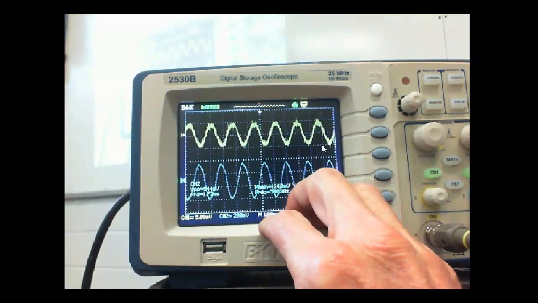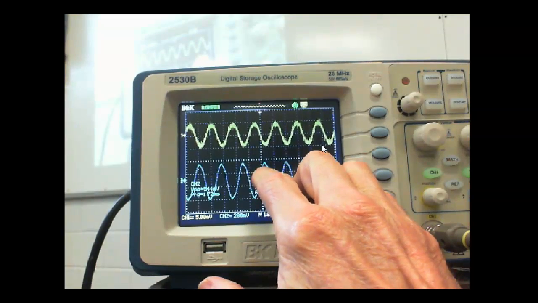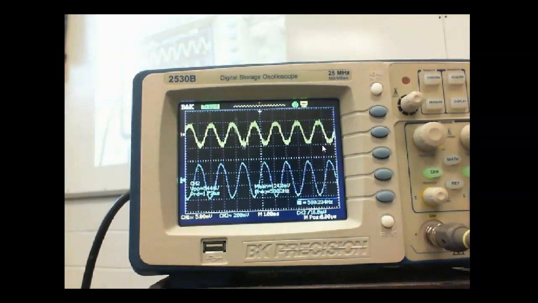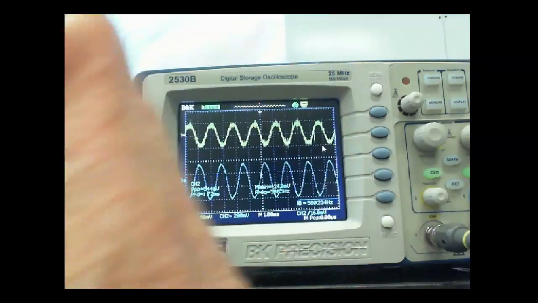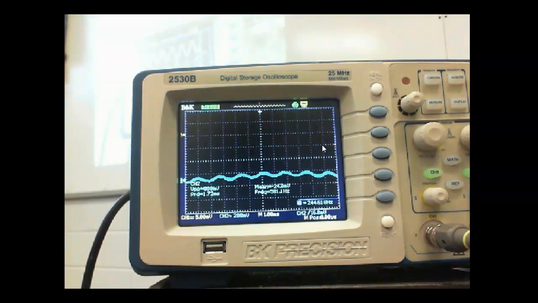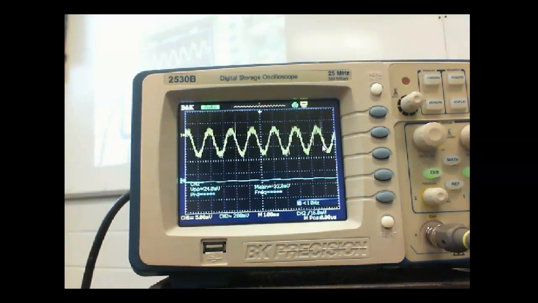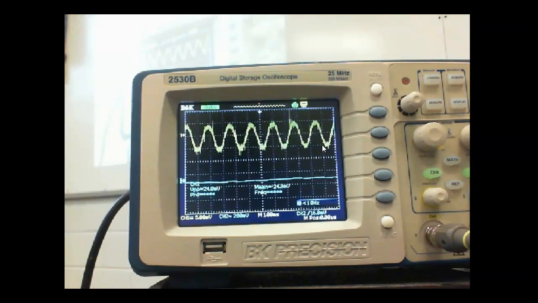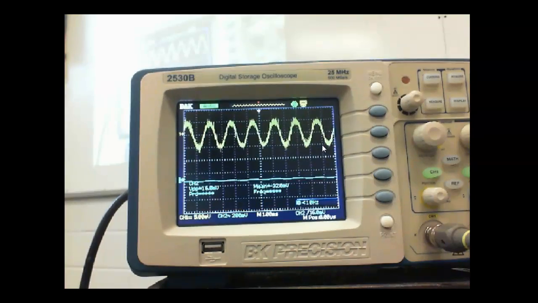So it's 12.2468 times 200 millivolts per division. So this is the alpha 10K. This is with. It's something different. Is it not?